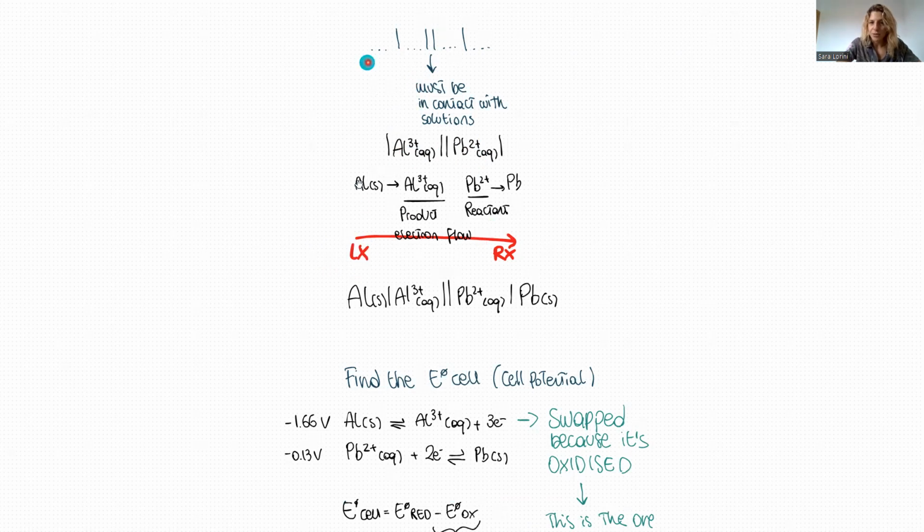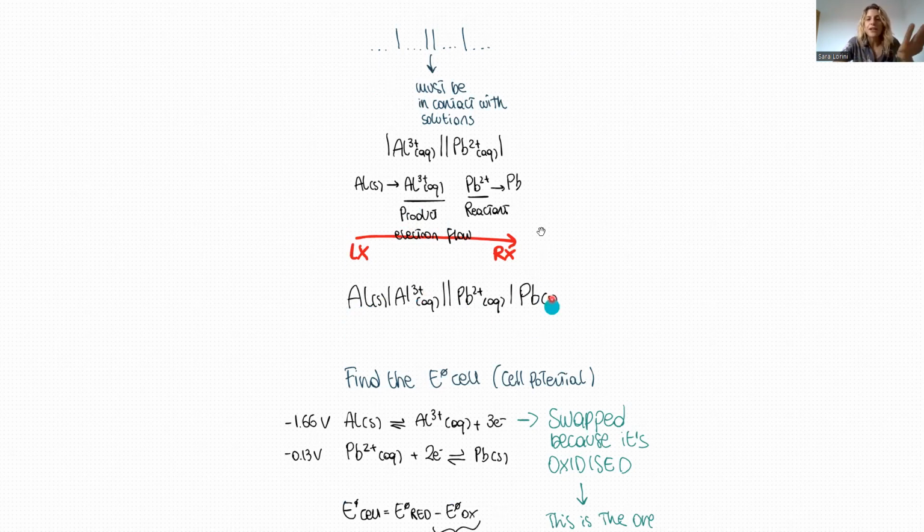So we start with the solid aluminium because it loses electrons, and then the lead 2 plus gains electrons, from left to right. That's how we can work it out. The solutions are in contact with the sulfate, but remember to place them in the order of electrons. That's why it's useful to put the two half equations in the correct order, one as a reduction and one as an oxidation.